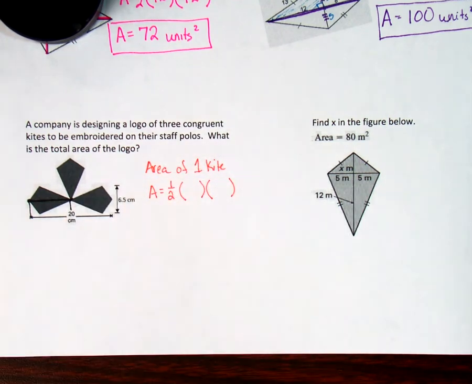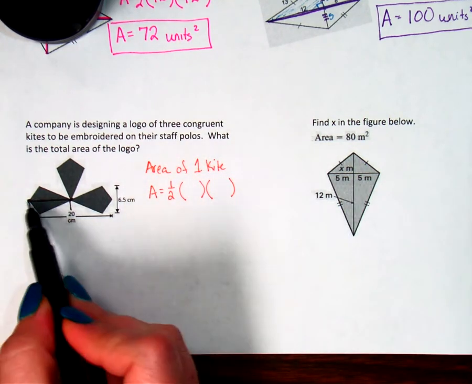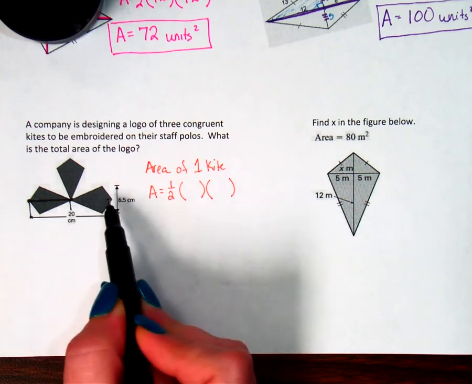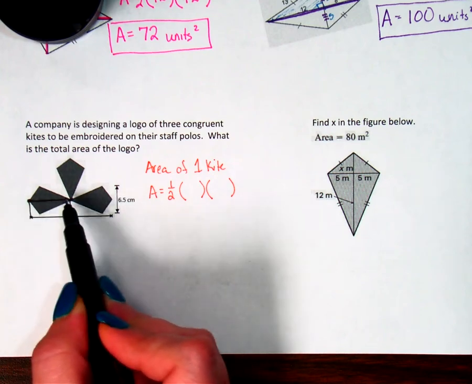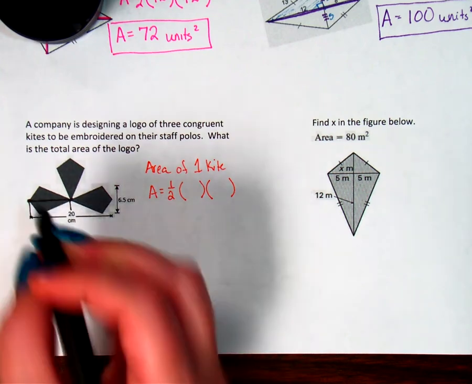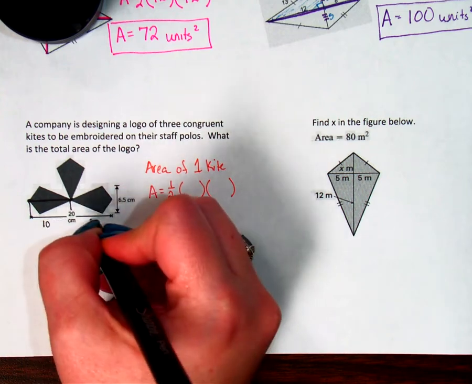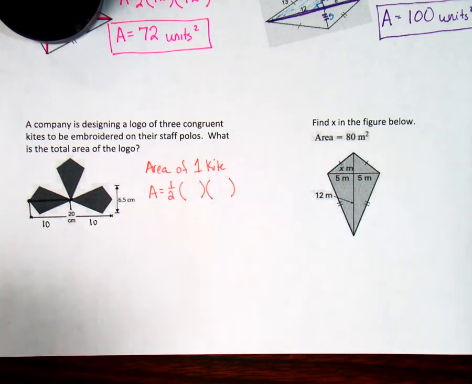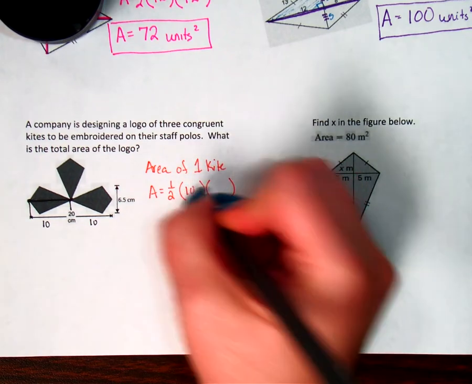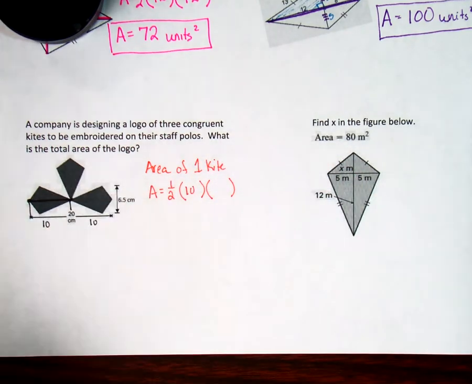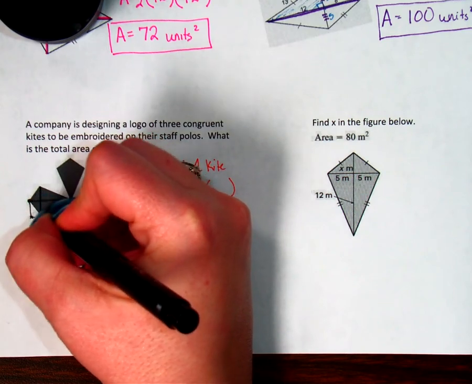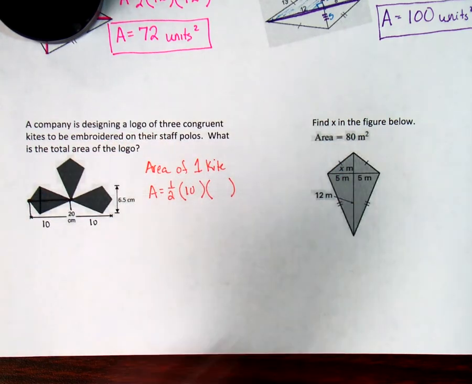If the whole design all the way across is 20, and I can see I've got 2 that are set tail to tail, I can figure out that each side must be 10. So one of my diagonals is 10. And then my other diagonal here is 6.5.